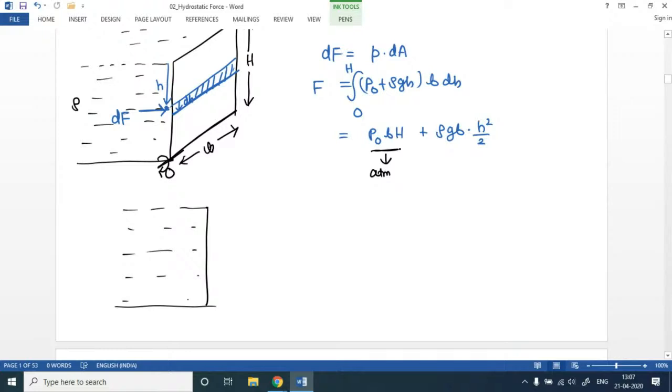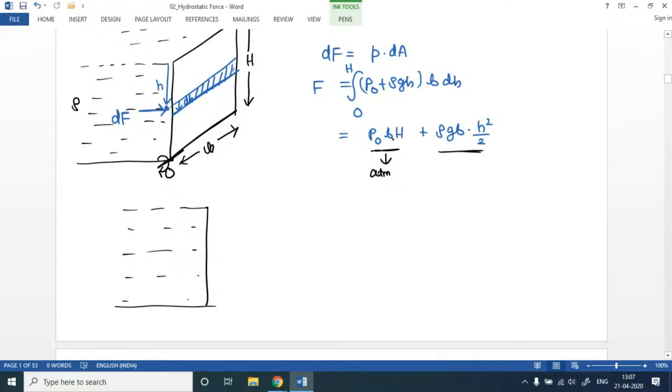Okay, this is not the force exerted by the atmosphere, that is the force exerted by the liquid. Only the weight of the atmosphere has been transferred onto the liquid, and this is the variable force over here.